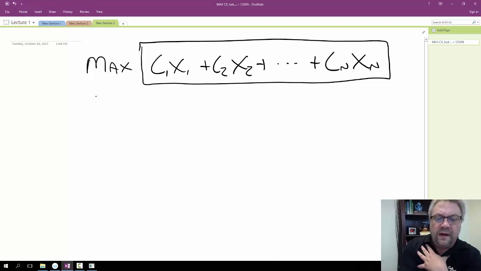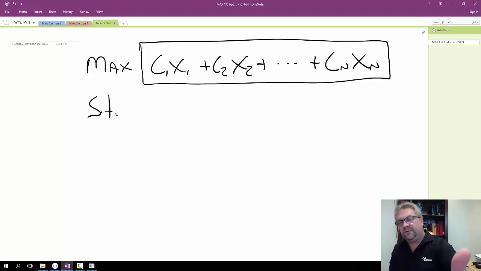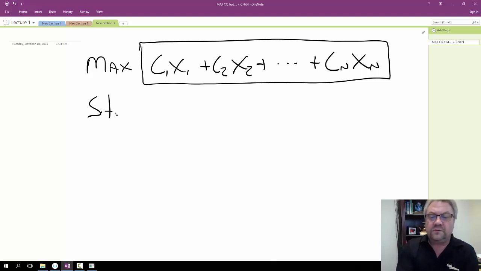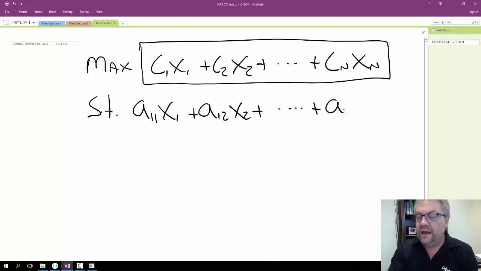Okay, so then, again, formally, we actually write ST, subject to. So in other words, I want to maximize this objective function subject to my constraints. And our constraints look something like this. A11 x1 plus A12 x2 plus dot dot dot A1n xn less than or equal to some number.